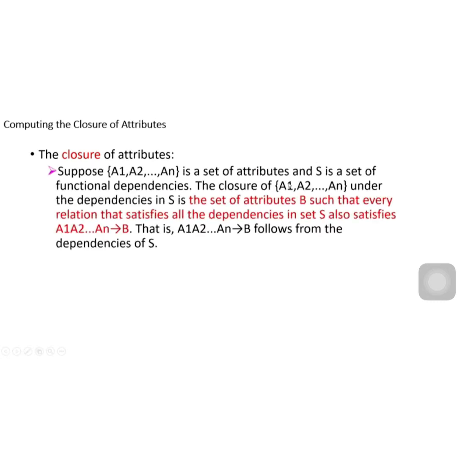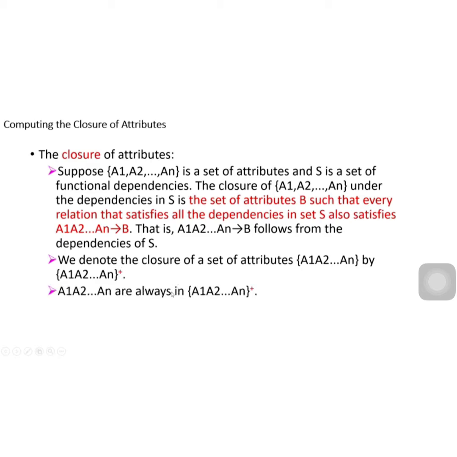And what is the closure of attributes? The closure of a set of attributes A1, A2, ..., An is the set of attributes B such that every relation that satisfies all the FDs in set S also satisfies A1, A2, ..., An functionally determines B. That is, A1, A2, ..., An functionally determines B follows from the FDs of S. We denote the closure of attributes by a subscript plus.